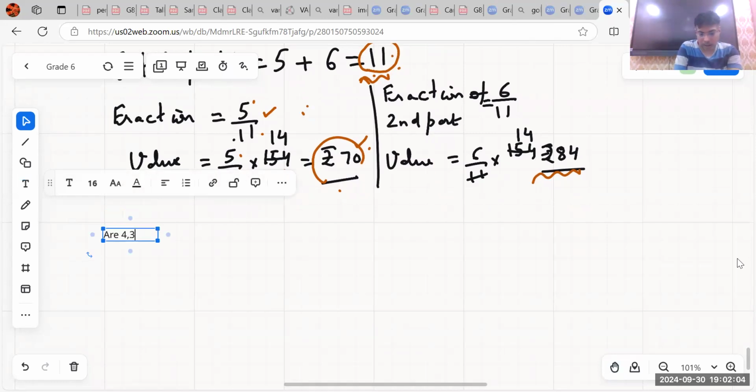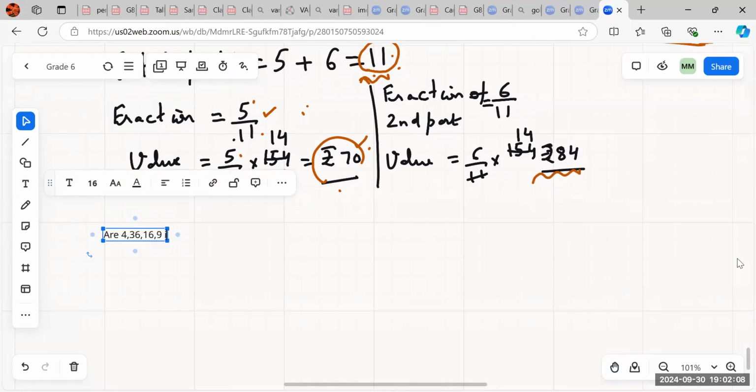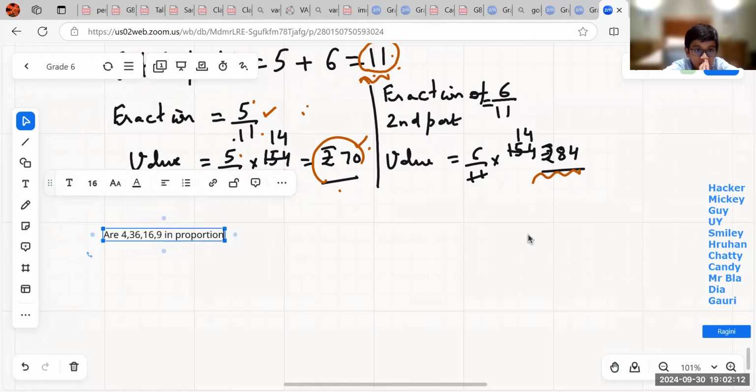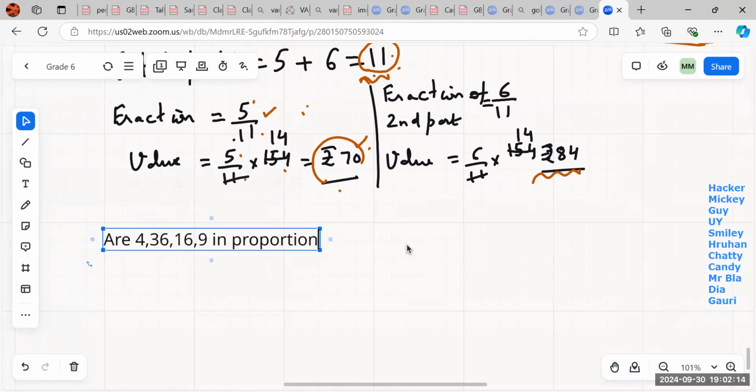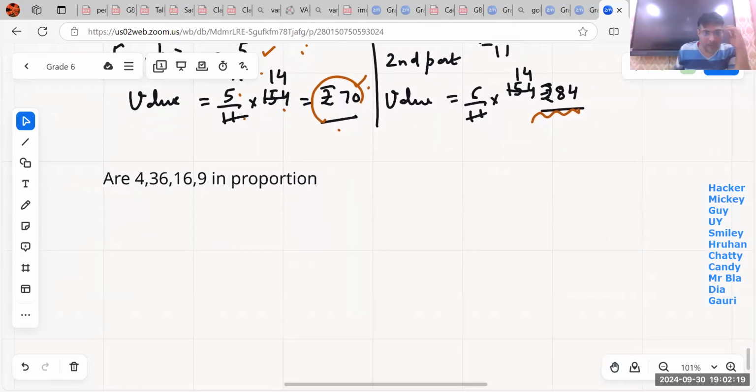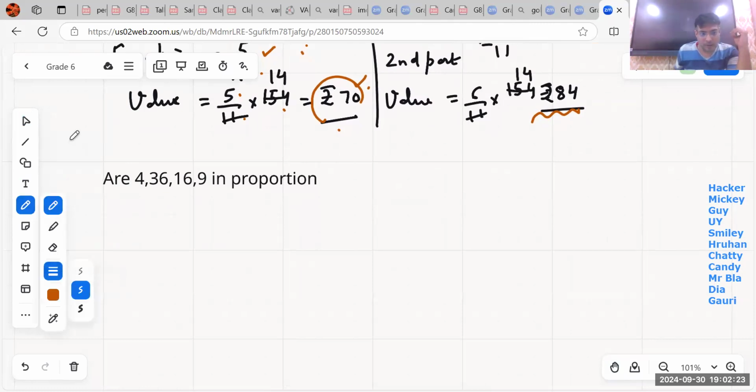Are 4, 36, 16, 9 in proportion? So try it, guys. Sorry, sir, I can speak now. I understand, beta, you were driving, so you couldn't speak that time. All right, guys, do this question.